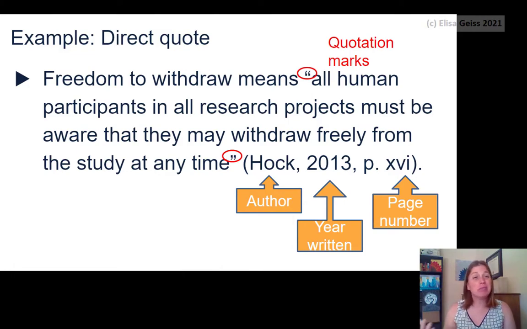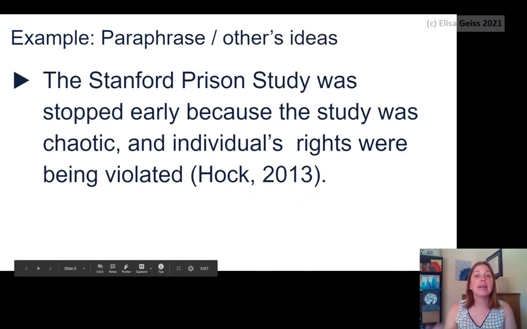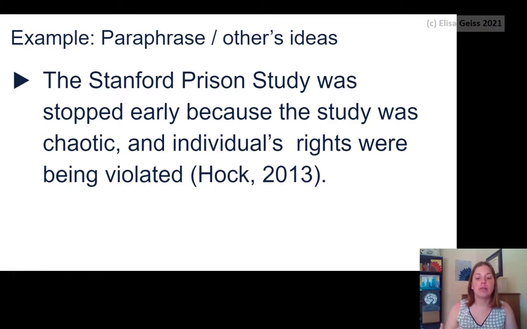As a note, oftentimes we don't need to use direct quotes. See if you can actually state this in another way, or summarize it in your own words. If I were to do that, I would still need to be able to give credit where credit is due.